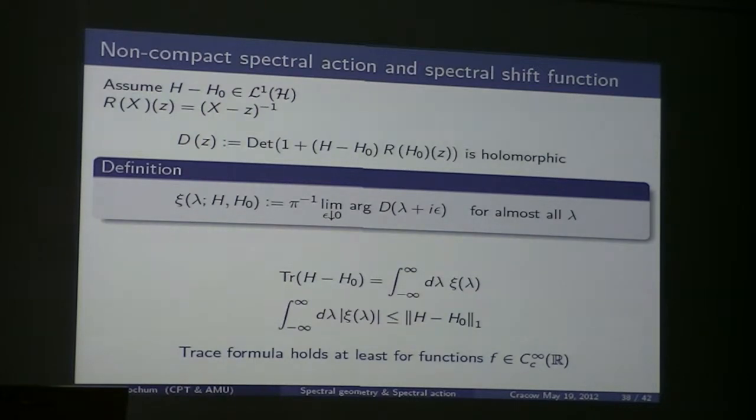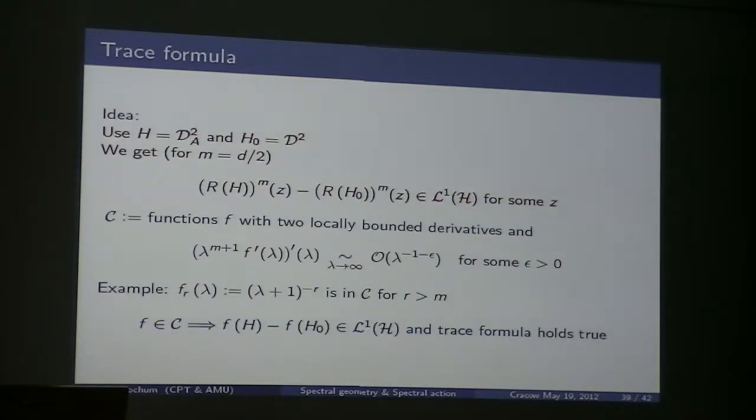And this trace formula holds for a large set of functions, at least here, for smooth functions with compact support. So the idea we have used is that H naught is our original Dirac operator, H is the square of the fluctuated Dirac operator, and when you compute the difference between the power of half the dimension of the resolvent of these two operators, you prove that it's a trace class operator.